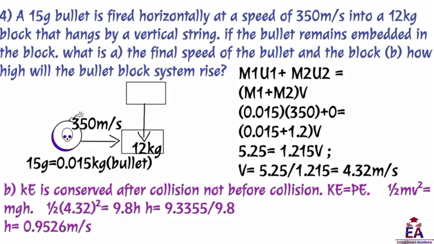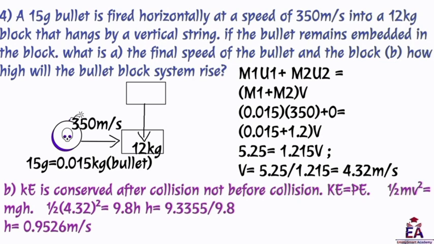Change the 15 grams to kg by dividing by 1000, which gives 0.015 kg, times 350. Plus zero, because the hanging body is at rest. 0.015 times 350 gives us 5.25, equal to 12.015 v. So v is 5.25 divided by 12.015, which is 0.437 meter per second.